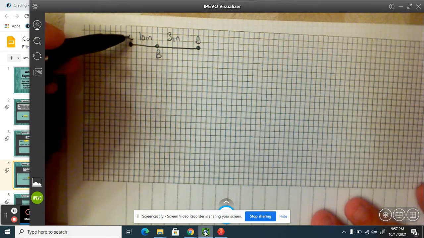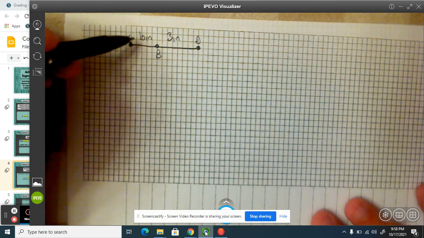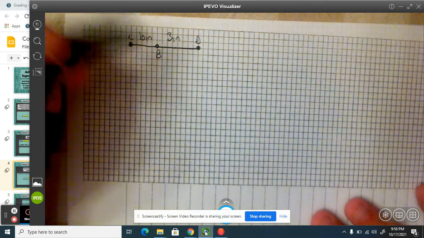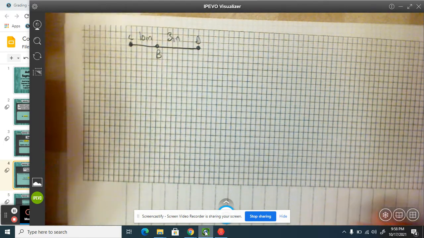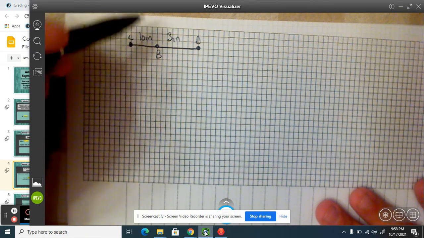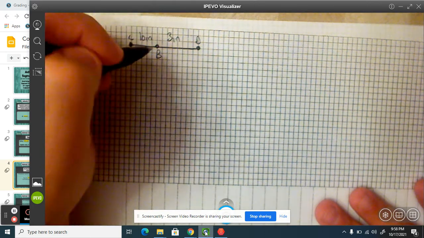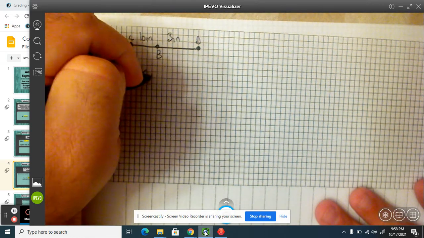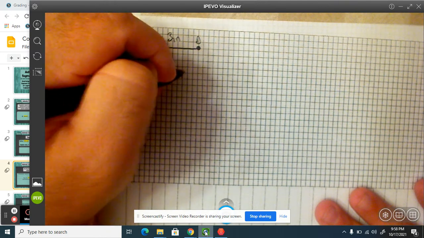BC is 10 inches. BD is 3 inches. What is CD? So if this part is 10, this part is 3, even though it doesn't matter what size it is. What's the entire thing? So all you're going to do is add 10 plus 3. CD equals 13 inches.